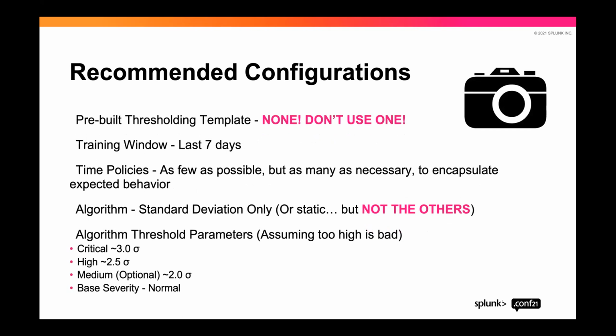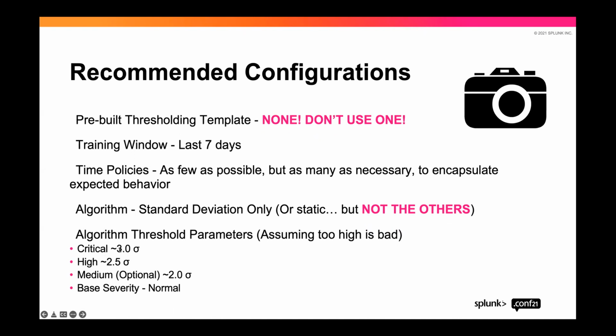Okay, so this is an important piece right here. These are what we would consider a standard setting for standard deviation. This is where adaptive thresholding gets a little confusing, because it's not particularly well explained. What you're doing here is setting the algorithm as standard deviation.